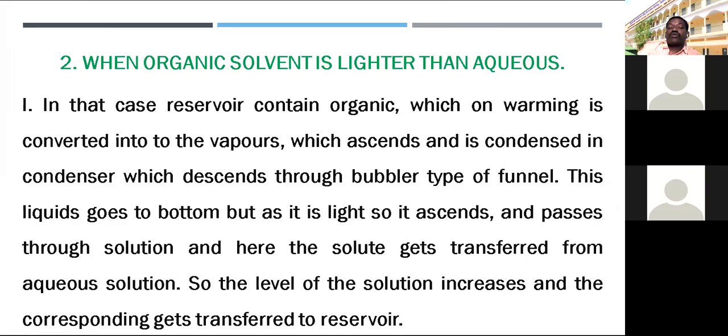The liquid goes to the bottom, being lighter than the aqueous solution. That means the organic solvent is lighter compared with the aqueous phase. This aqueous phase is easily separated into the corresponding reservoirs.